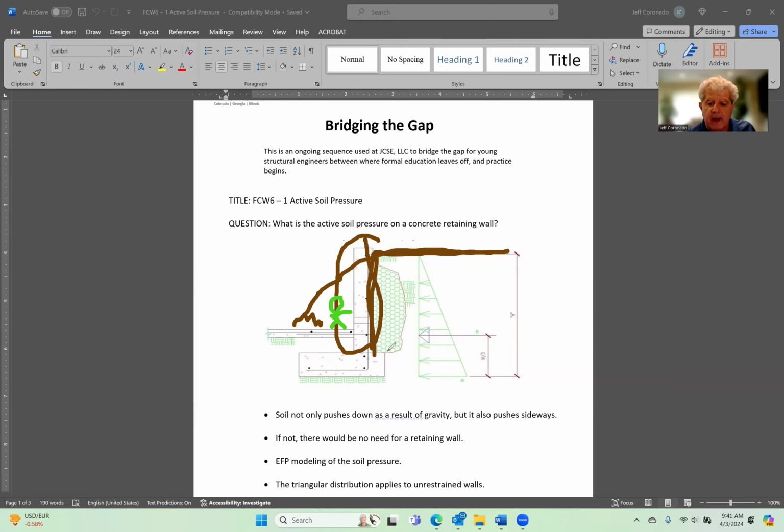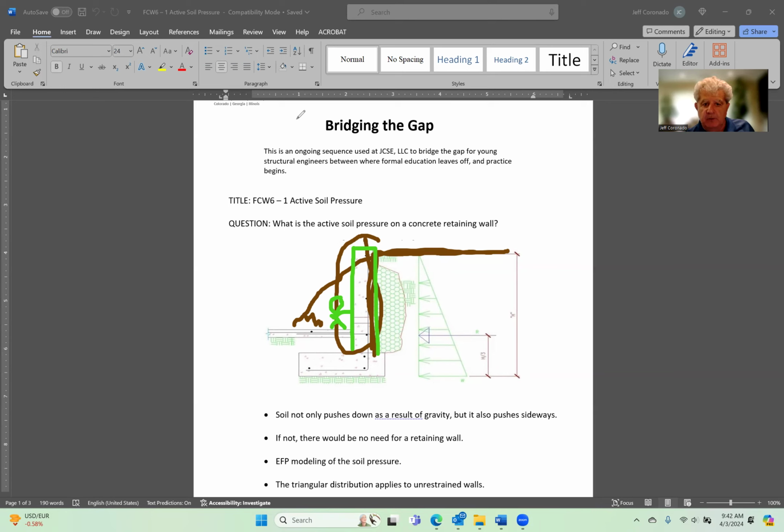I'd just assume see a nice sturdy retaining wall holding up the embankment. So that's the sideways push that we get from soil, hence why we need retaining walls.